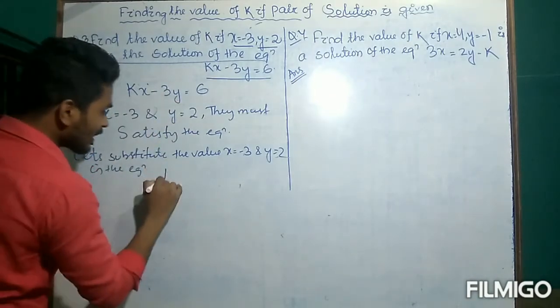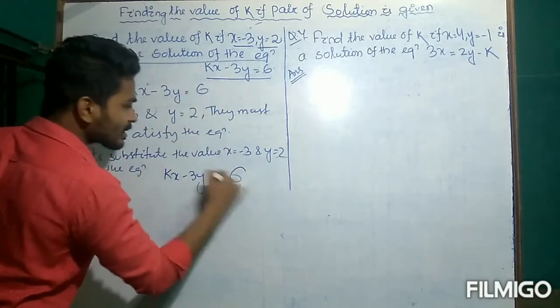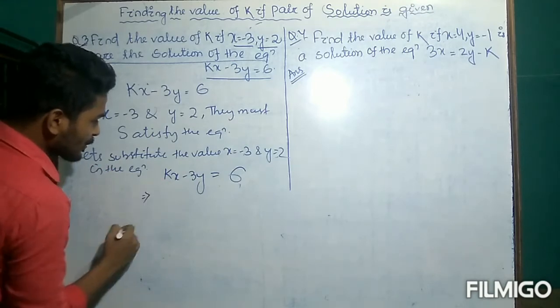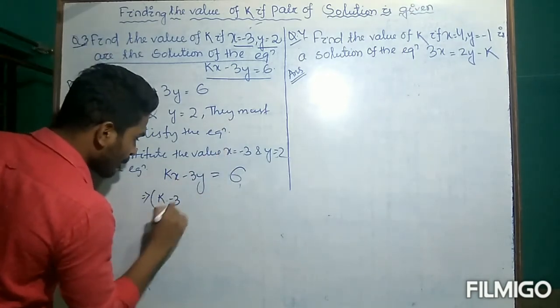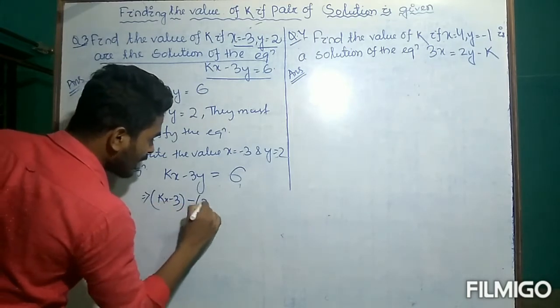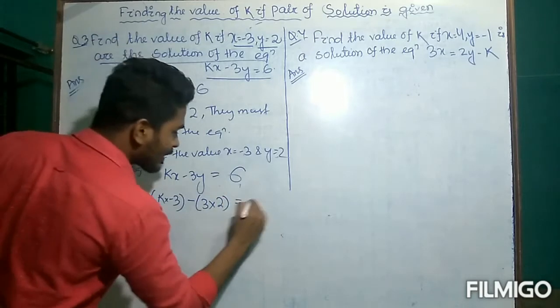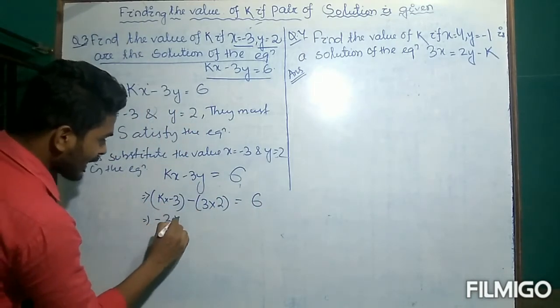We get LHS is equal to RHS. So LHS is kx minus 3y is equal to RHS. Understand? So now substitute or replace the value x as -3 and y as 2. Right? So is equal to 6. k into -3 is -3k.